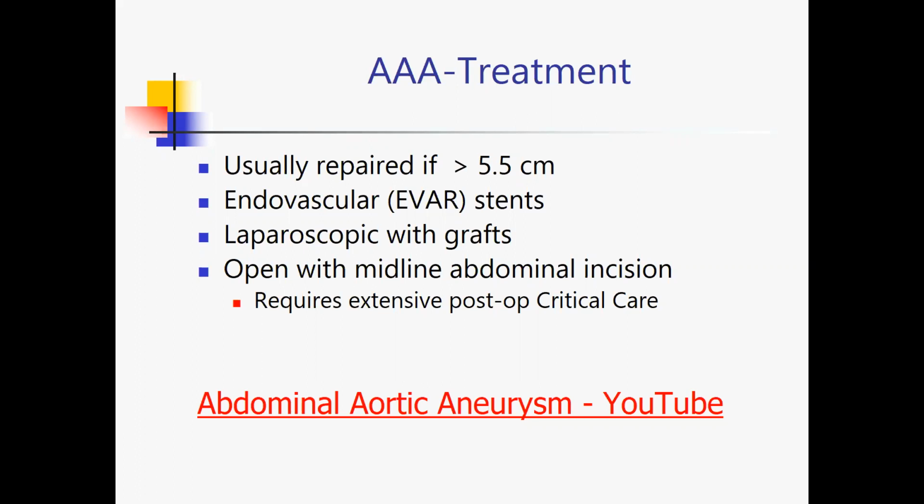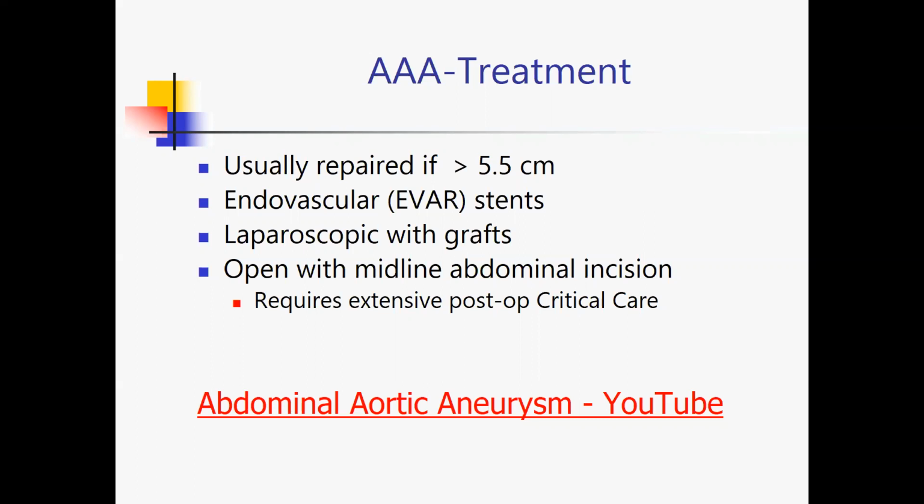And during this time, they pull your intestines out, keep them moist, lay them to the side or to your lower pelvic region, and they go through your abdominal cavity and find your aorta. And they cross clamp this aorta and fix the aneurysm either by removing the plaque or grafting around the area of the aneurysm.